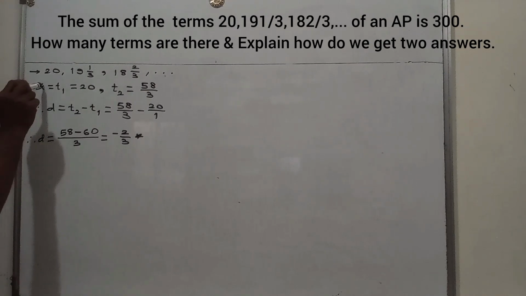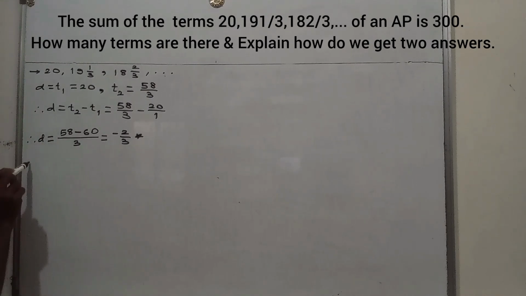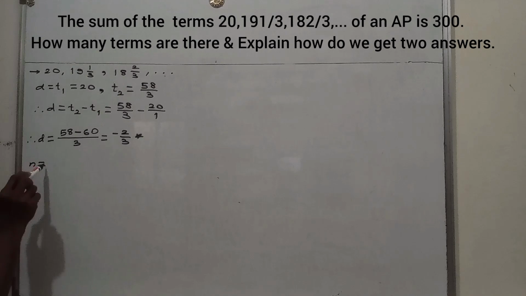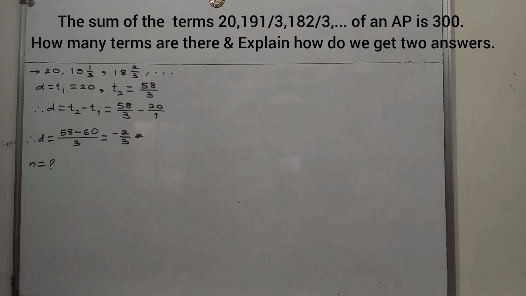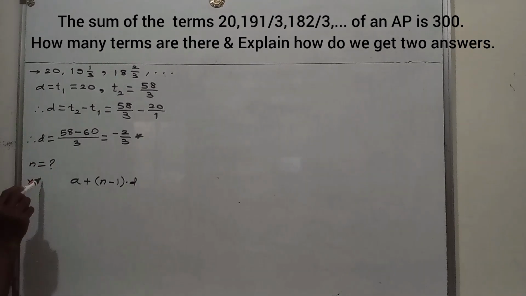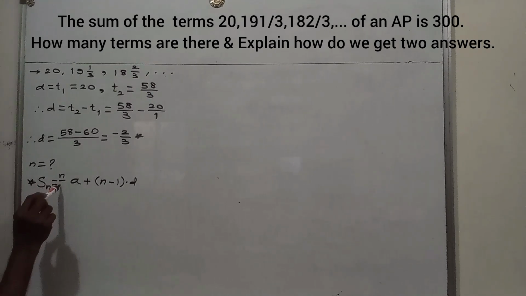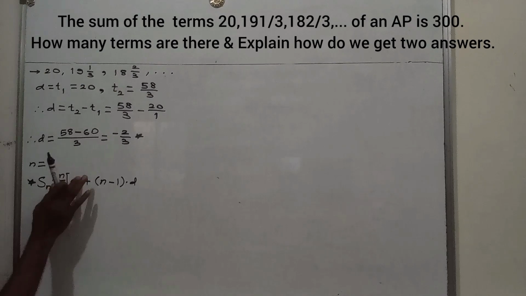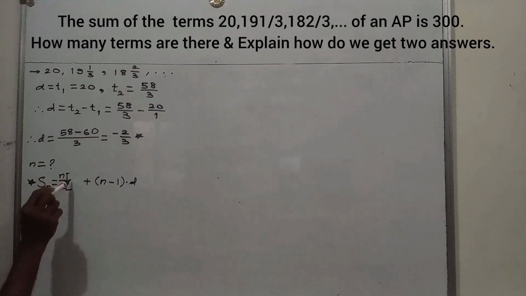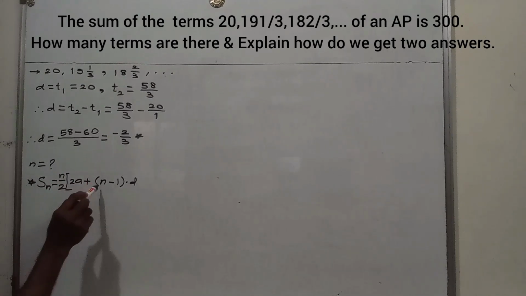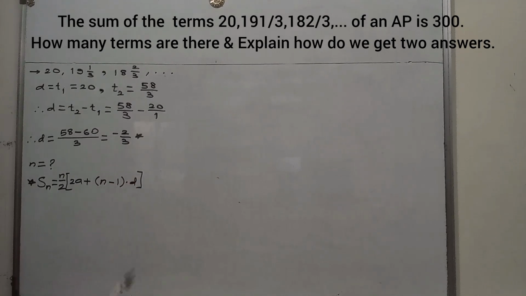Okay, we know a and d, and we need to find n. We don't know n. Sn = n/2 [2a + (n minus 1)d]. Sn is given as 300. So 300 = n/2 [2 into 20 plus (n minus 1) into d].